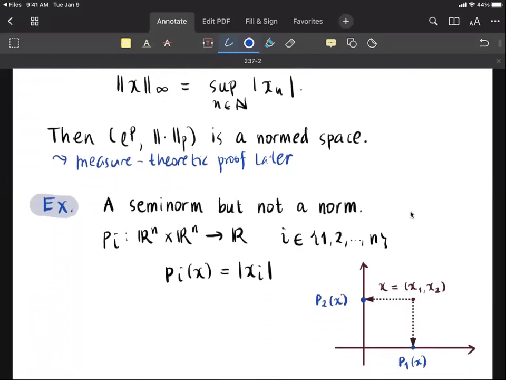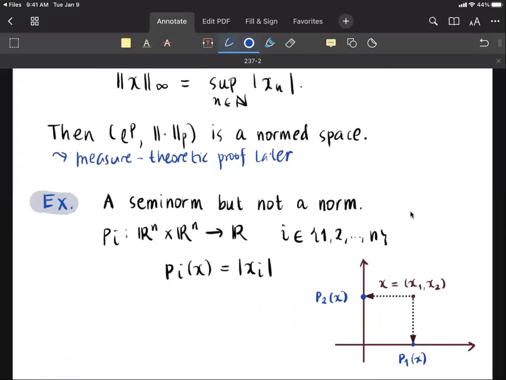Here we have an example of a seminorm, but not a norm. So P sub I, you can think of this as the projection onto the ith axis.